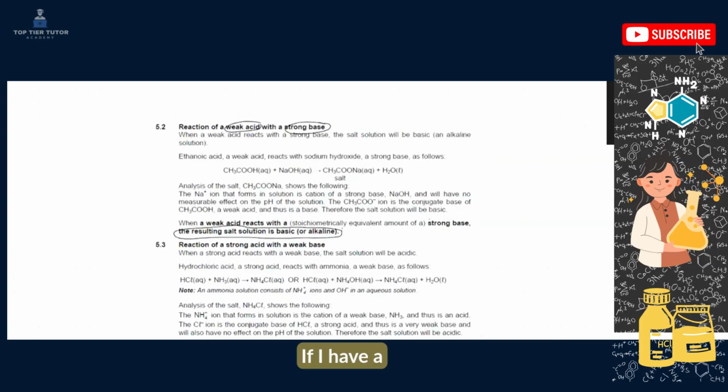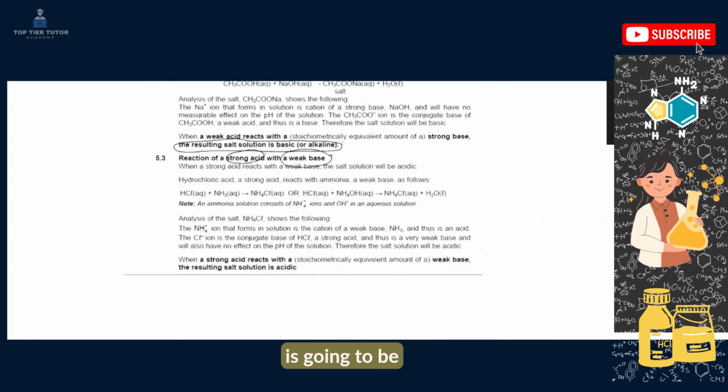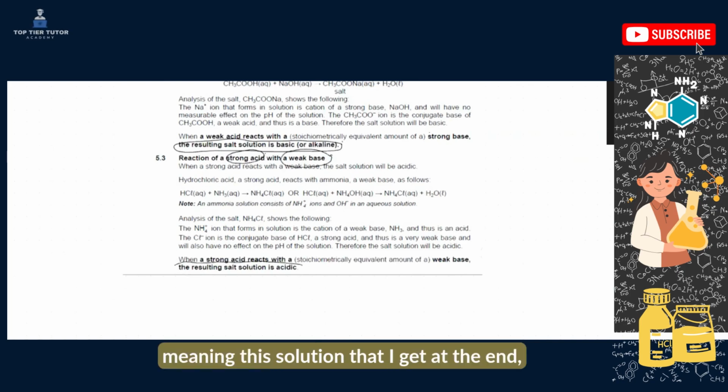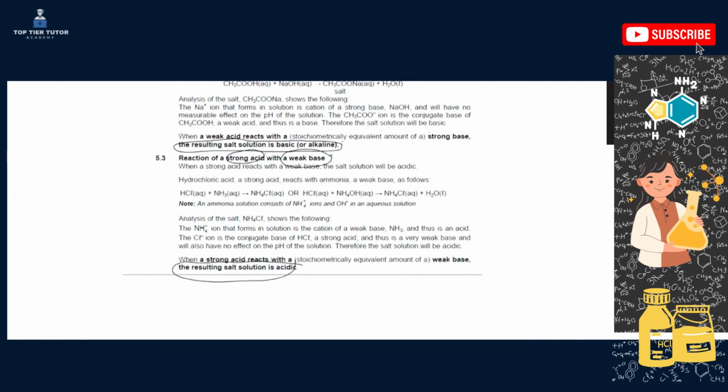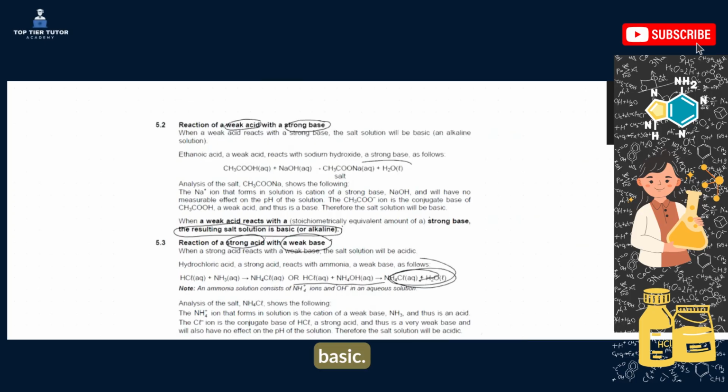If I have a strong acid with a weak base, I expect that the overall solution that I get at the end is going to be acidic. That product should be acidic. That product should be basic.